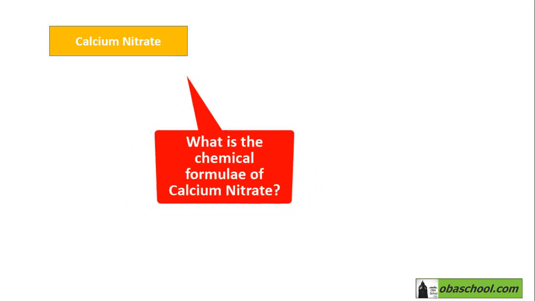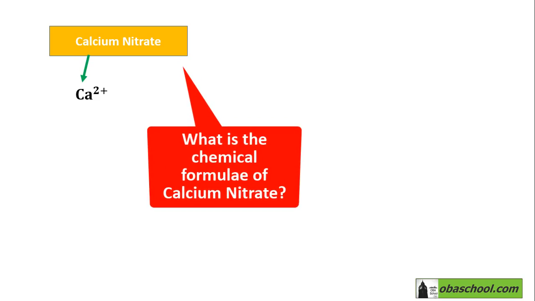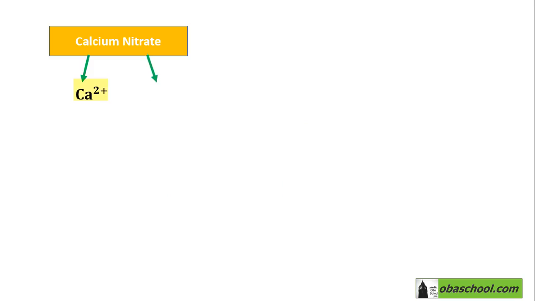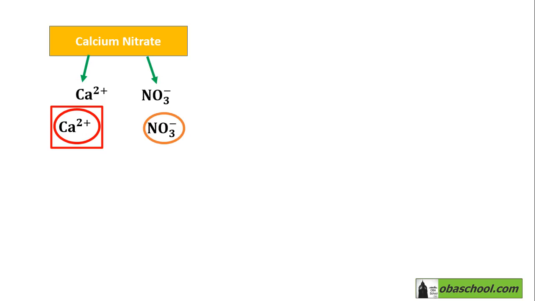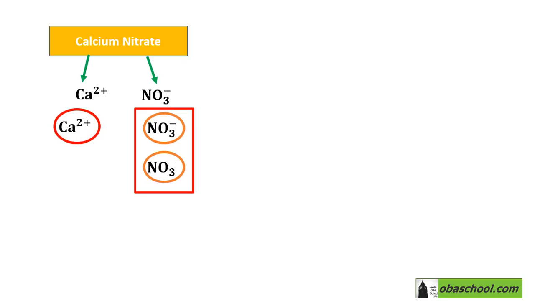Another example, calcium nitrate. Calcium is in group 2, so it will give the Ca2+ ion. Nitrate, we know, is NO3-. Plus 2 minus 1 is plus 1. So we need one more nitrate ion to cancel out the Ca2+.